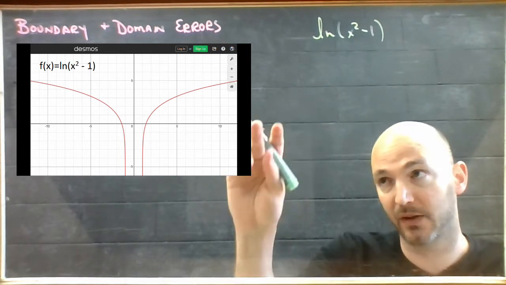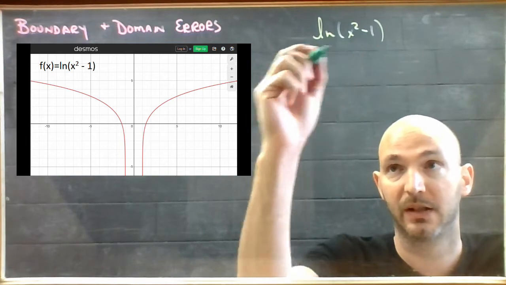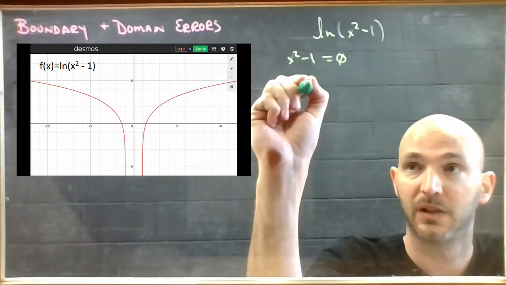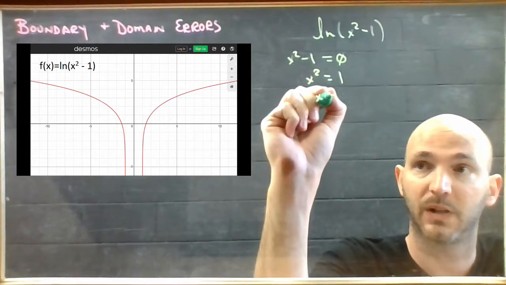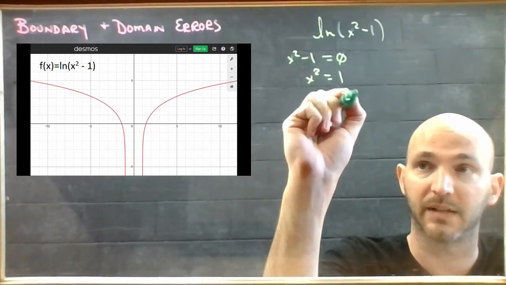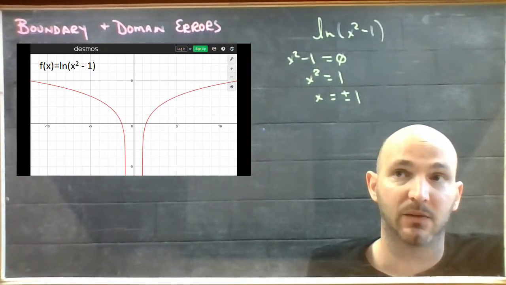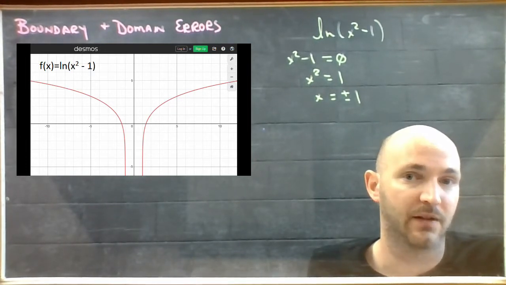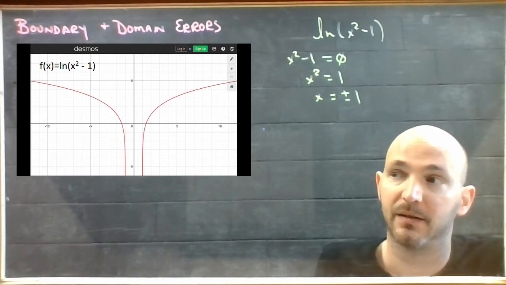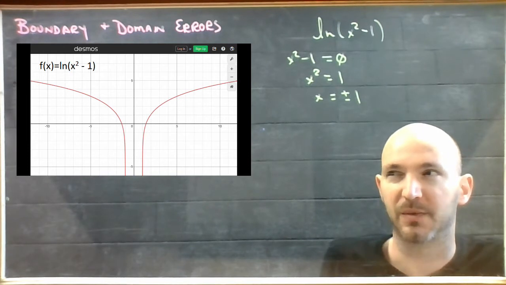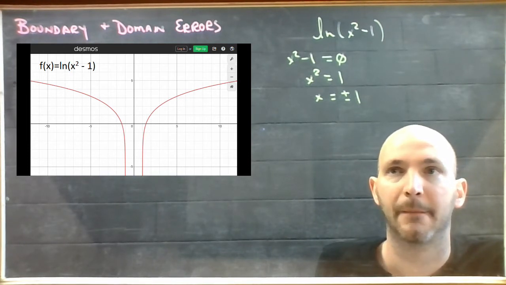So I'm going to find those boundary errors first. When is x squared minus 1 equal to 0? Well, the square root of 1 is plus or minus 1. That's problematic when x is either 1 or -1. So I should have vertical asymptotes showing up there, and you maybe can see them now. You'll see it better when I throw the shading in.